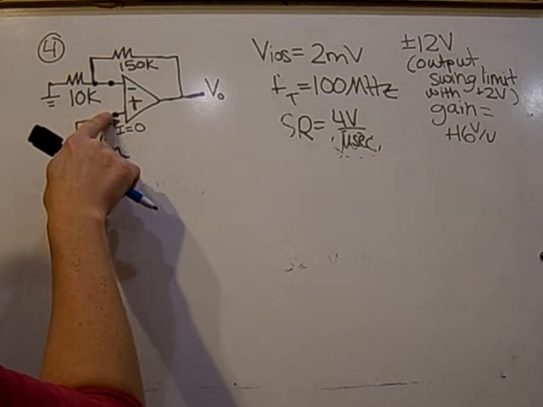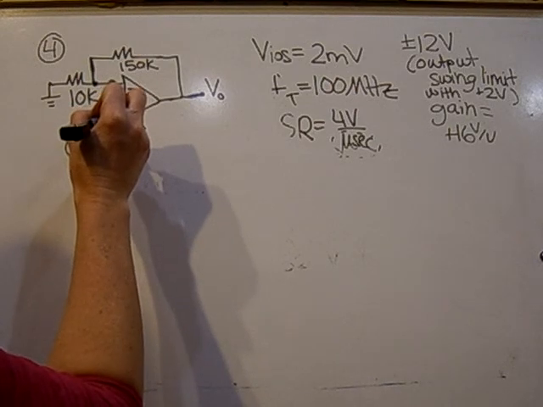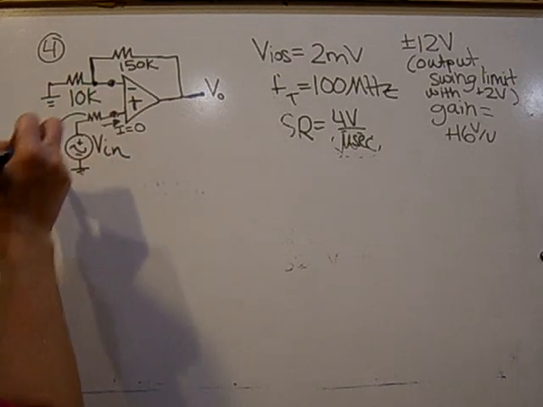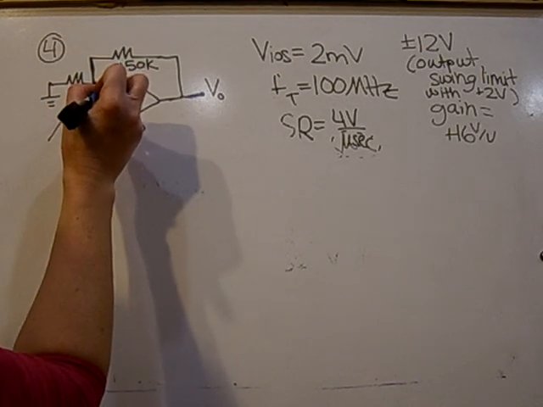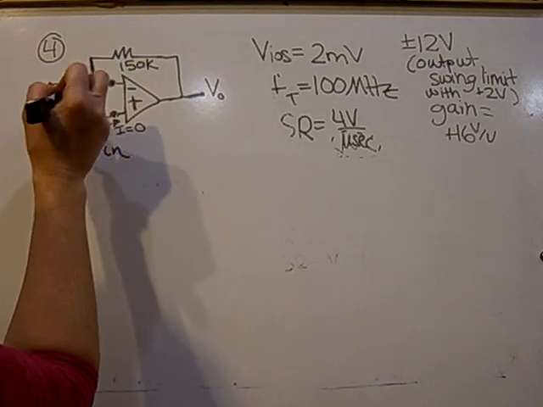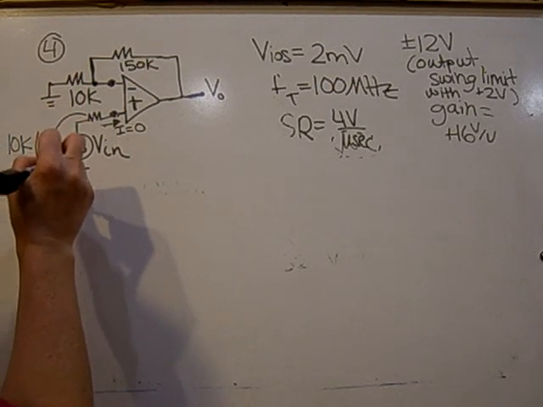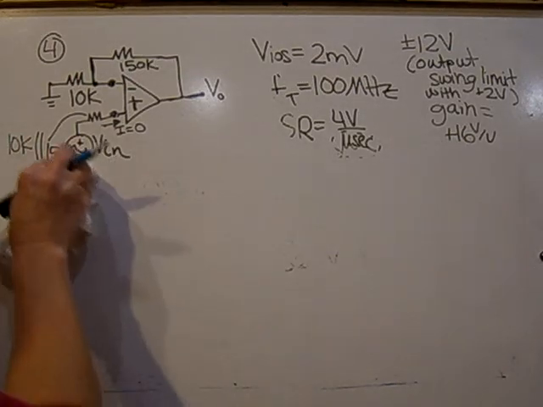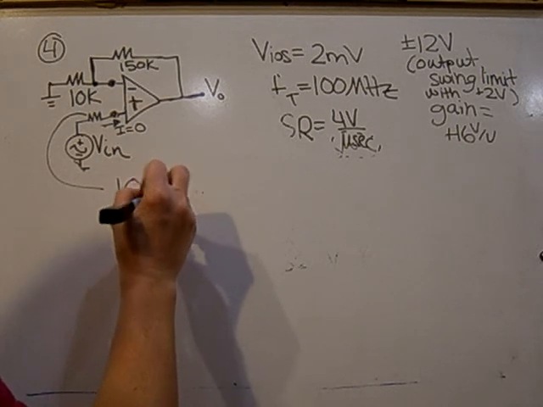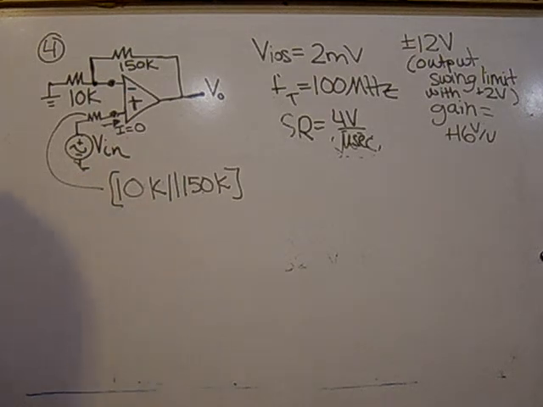So in order to make the resistance seen at this node the same as the resistance seen at this node, I'm going to put in a resistor with the value that this impedance sees, assuming that the output is 0 and the input is 0. That would mean it's 10K in parallel with 150K. And that will compensate for the input bias effect.